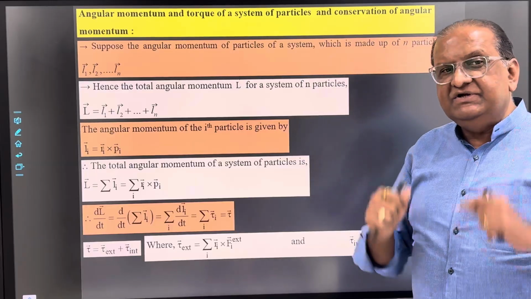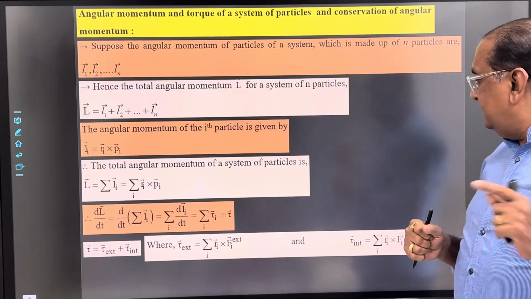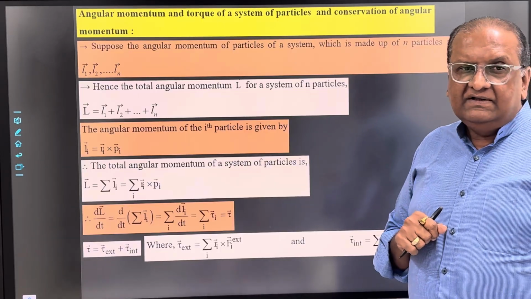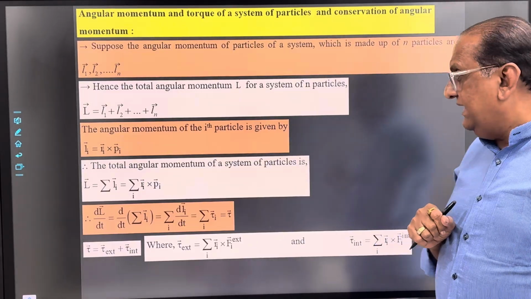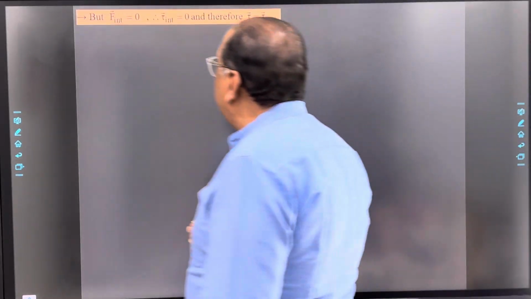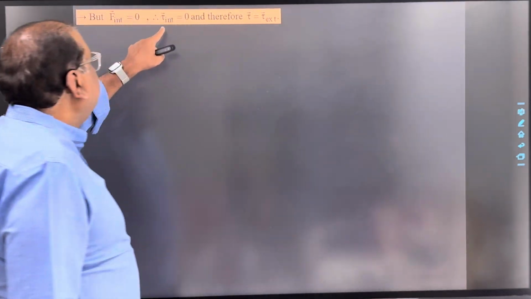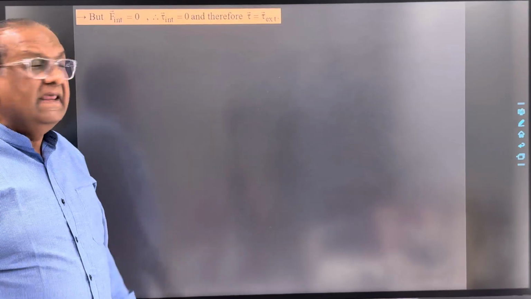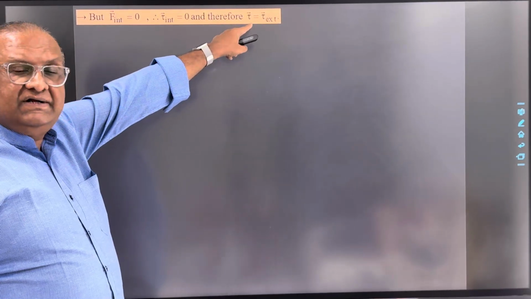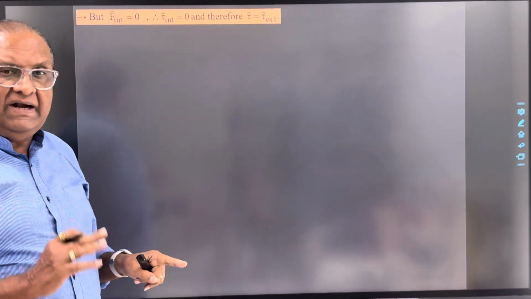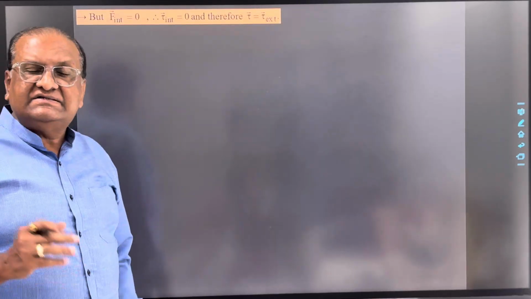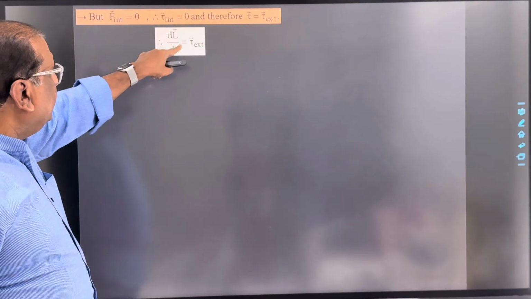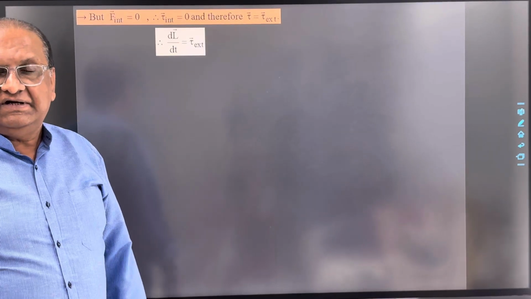So the vector summation will be 0. In that way we can say Fi internal will be 0. If Fi internal is equal to 0, then tau internal is also equal to 0. So the net or resultant torque acting on a system of particles is itself tau external. So we can write dL by dt equal to tau external.